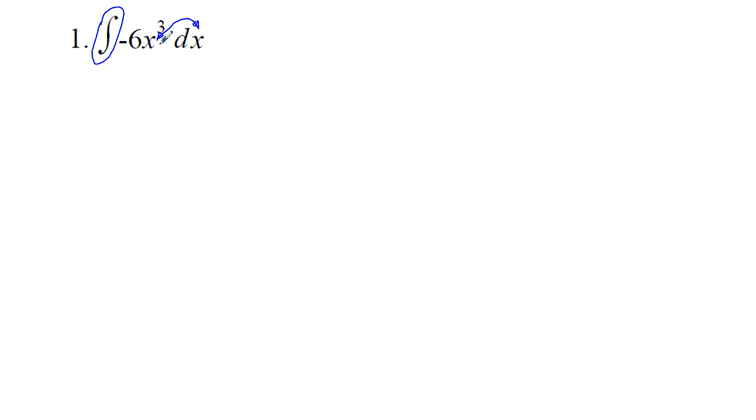And before we actually solve this, I want to go into a little background. Let's assume we have a function that we know is a derivative. Let's say we have y prime equals -6x cubed, and we want to go ahead and solve for y. Well, I'm going to rewrite this y prime as dy dx.